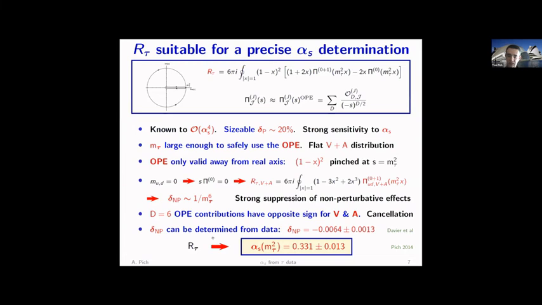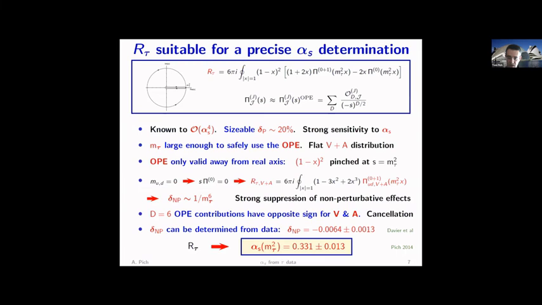In addition, this correction of dimension 6, we know from very generic arguments that were already explained by the Russians at the end of the 70s. We know that these contributions have opposite sign for vector and axial, and you expect a cancellation in V plus A. And you can see this cancellation in the data.